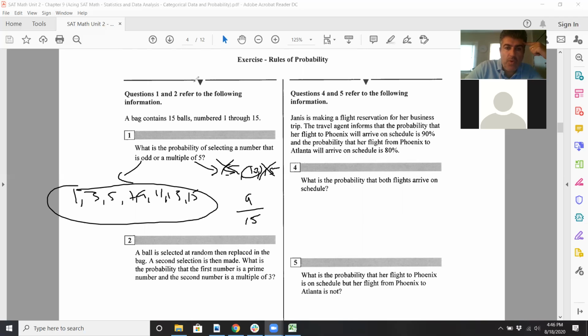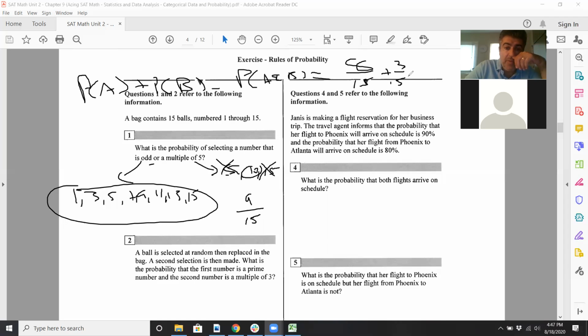Now, if you want to use the formula of the probability of one event plus the probability of another event, when you see the word or, you could do that, but then you have to subtract the overlap, the probability of getting both at the same time. So the probability of the first event, getting an odd, was 8 out of 15. The probability of getting a multiple of 5 was 3 out of 15.